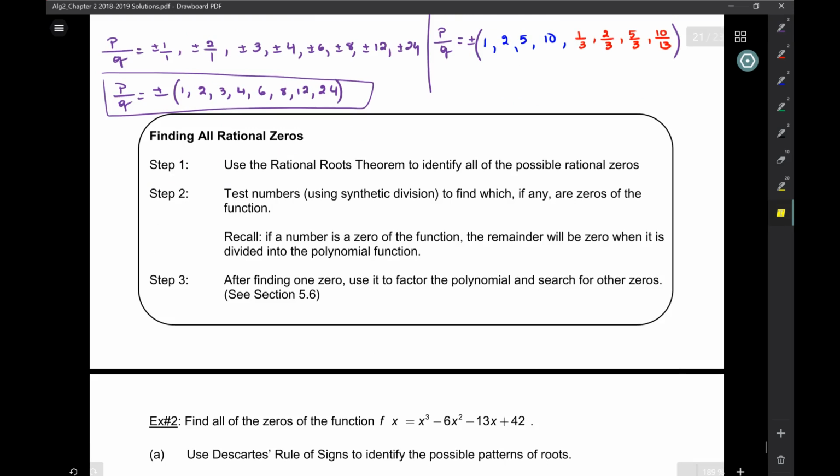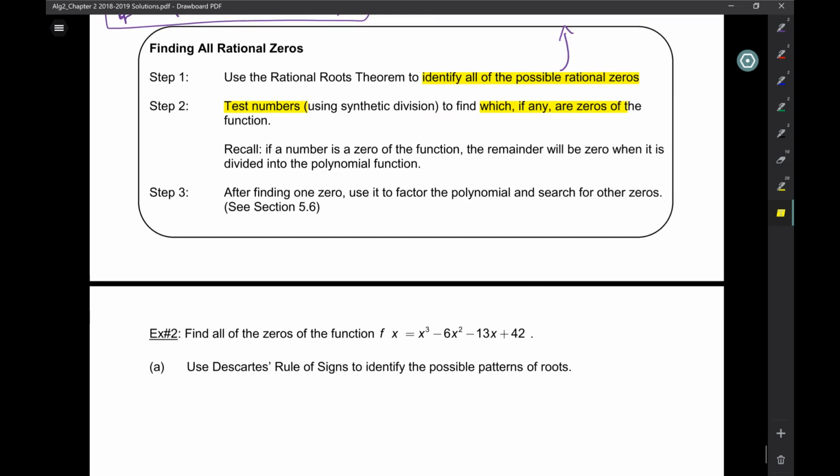Step 1, use what we just did to identify all possible rational zeros. That's what we just did up there. Step 2, you're going to test the numbers to find which are zeros. We're going to do synthetic division. How do you know when you do synthetic division that you've located a zero?